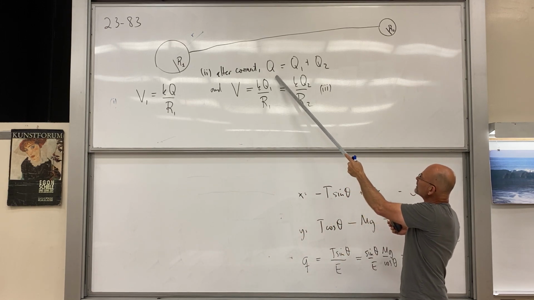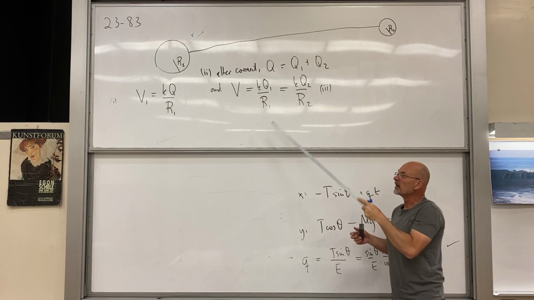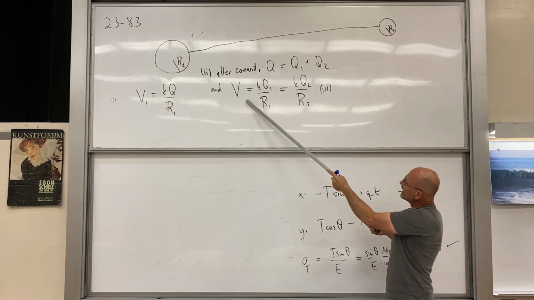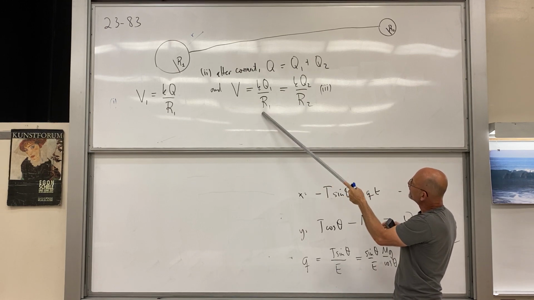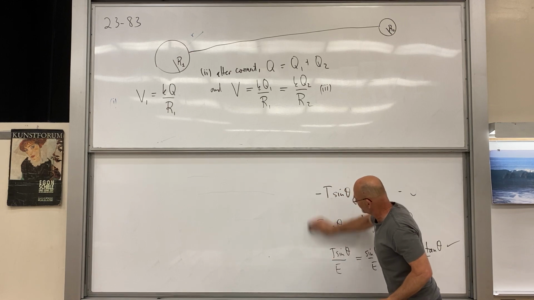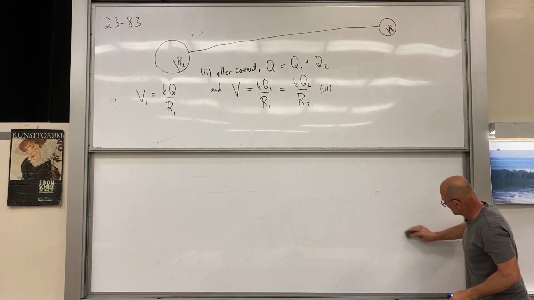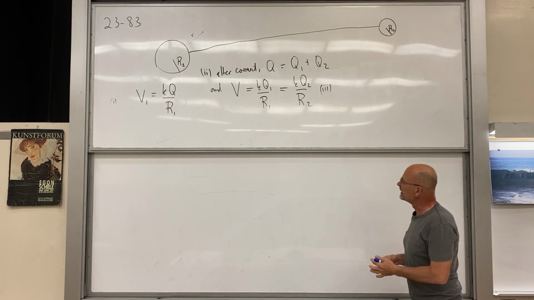Charge conservation, so it's distributed on the other side, negligible amount on the wire, and then equipotential surface. Therefore, we have this third equation here. Good.